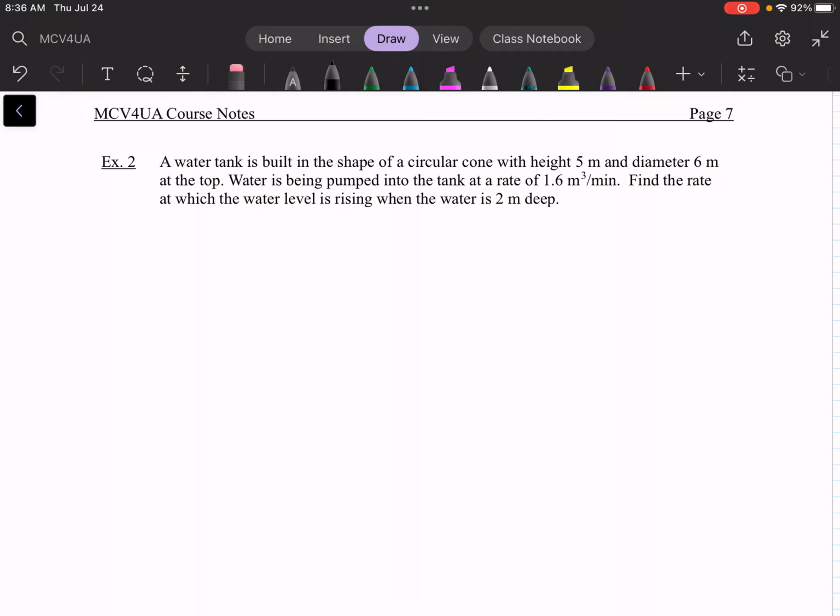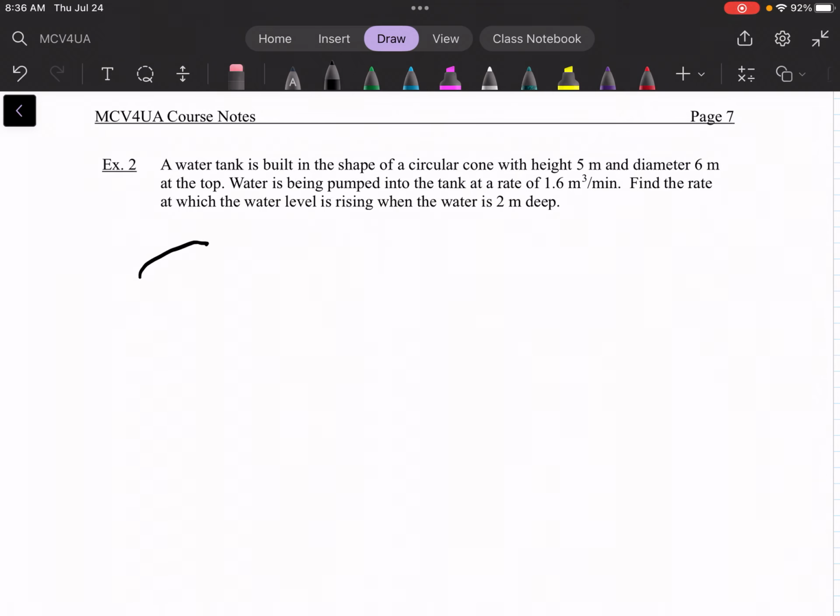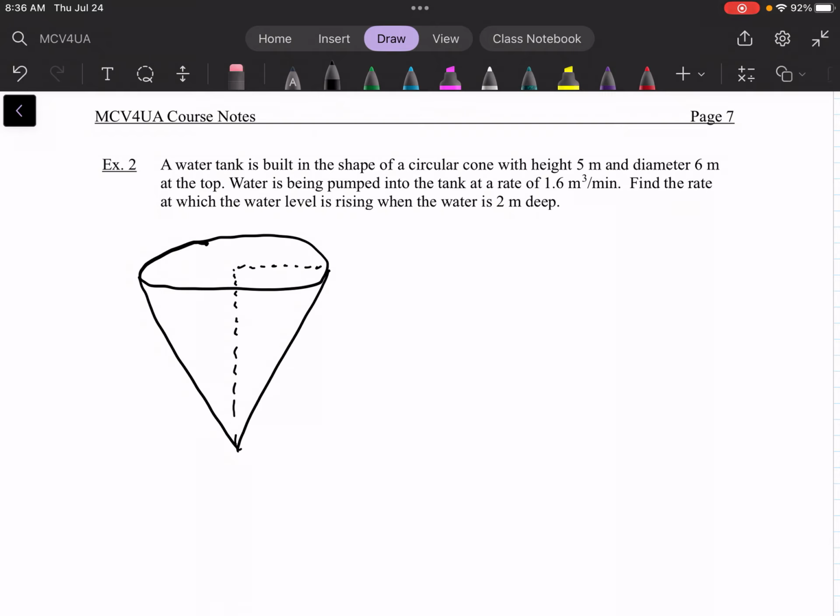So this one I'm going to actually draw a diagram to go along with it. I'm going to start out by drawing a cone. Okay, so we have a height of 5 meters, so I know the entire height of this cone is 5 meters.